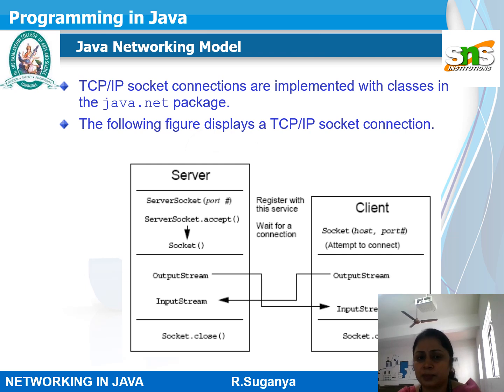Then we have the input stream and the output stream. The input stream will be received from the server and the output stream will be saved from the client. The socket will be closed after the communication between the client and server. So this is the networking model.